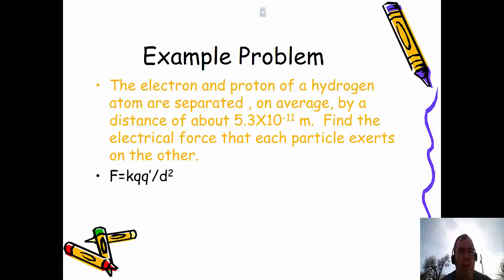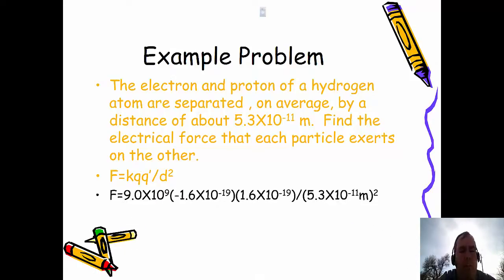So F equals K Q1 Q2 divided by distance squared. Plugging the numbers in: 9 times 10 to the 9th, that constant, multiplied by the charge of the electron, negative 1.6 times 10 to the negative 19th, multiplied by the charge of the proton, positive 1.6 times 10 to the negative 19th, divided by the distance squared, 5.3 times 10 to the negative 11th.